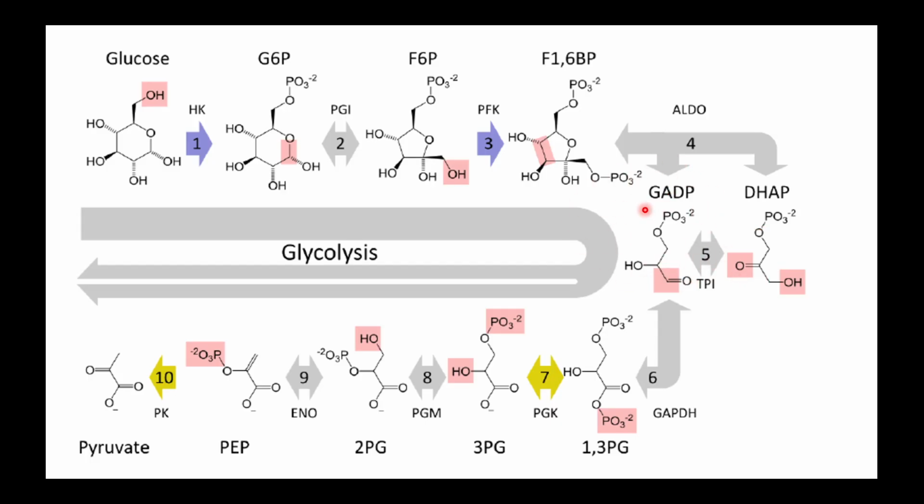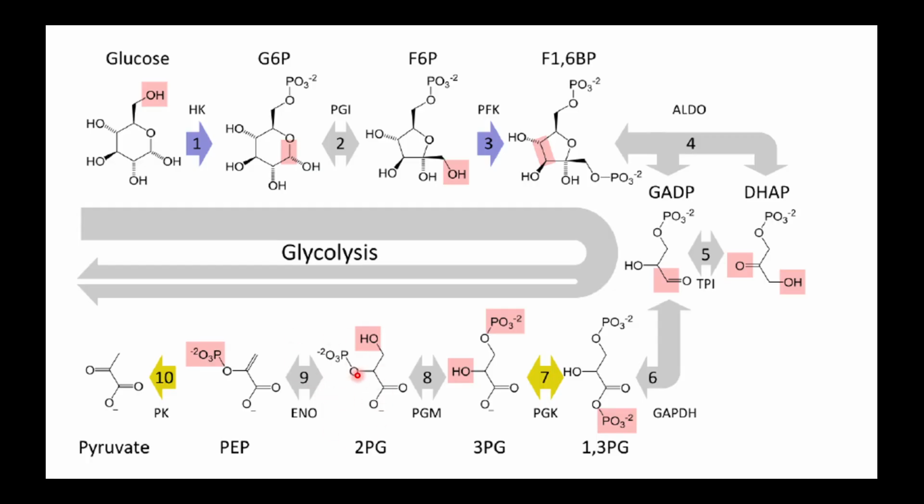All the glyceraldehyde 3 phosphate will go and form 1,3 phosphoglycerate. Then from 1,3 phosphoglycerate we get 3 phosphoglycerate. From 3 phosphoglycerate we get 2 phosphoglycerate by another isomerization reaction by the enzyme phosphoglycerate mutase.